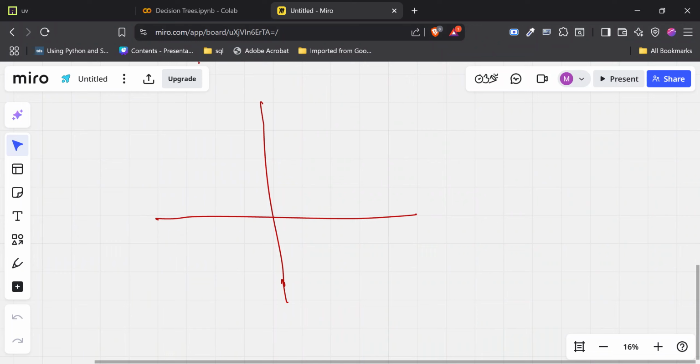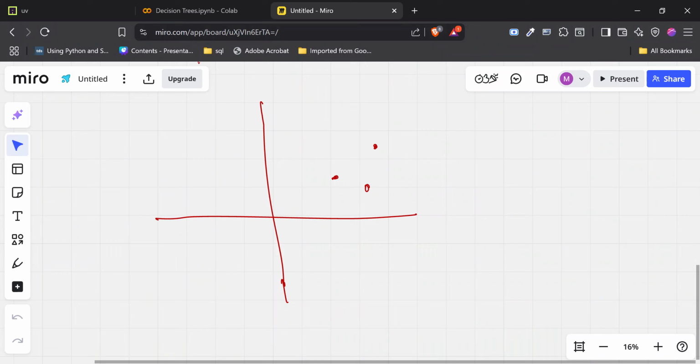So let's say we have some red points. Let's say we have some red points around here. We have one here, another here.